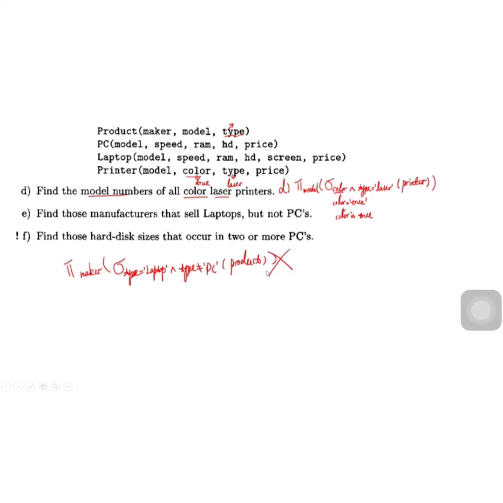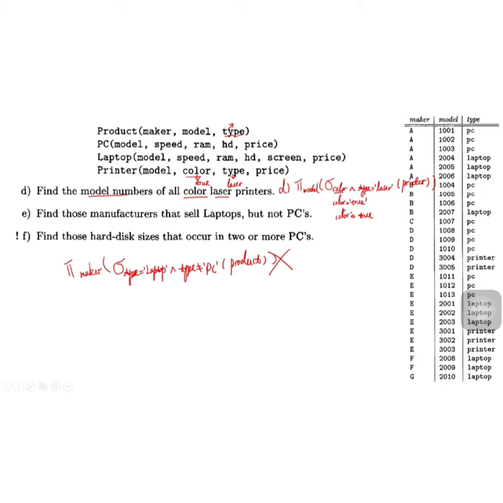Why? Let's take this for example. Okay, if you write this one, this condition is equivalent with type is laptop. Why? Because when we do selection, we check each tuple, and check, for example, type is laptop and type is not PC.